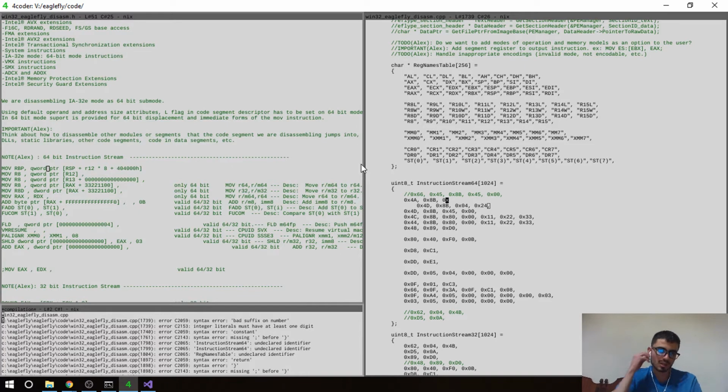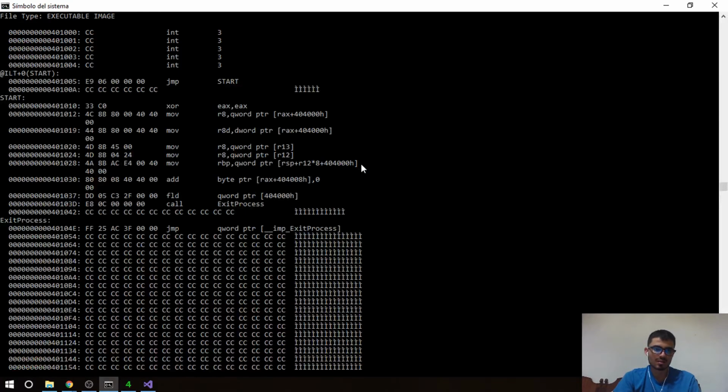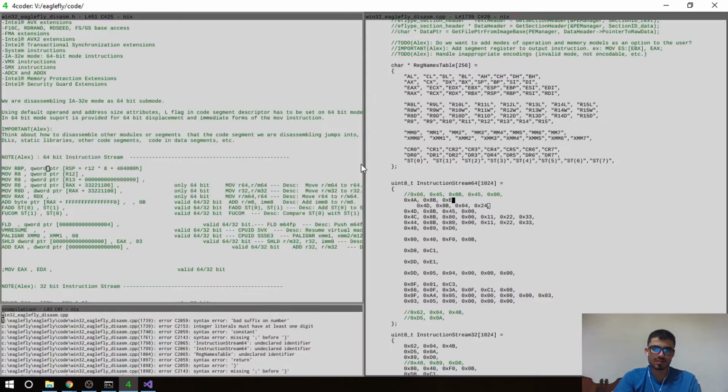Okay, so we need a 32-bit displacement with SIB. That means that we need AC, and here we need the SIB, which is going to be E4, and then we need the displacement.